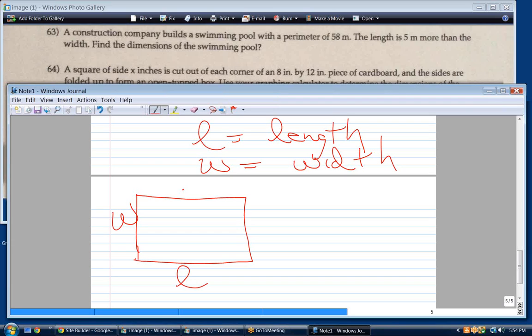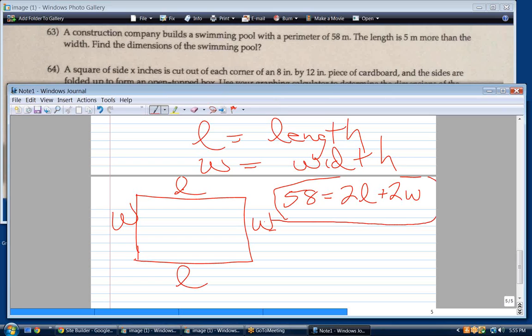Length plus the width. 2 lengths plus 2 widths. Because this is W over here also, and this is also L. So the perimeter, which is 58, equals 2L plus 2W.